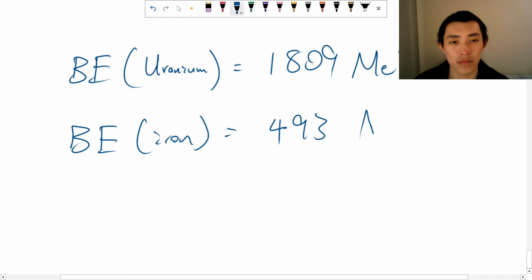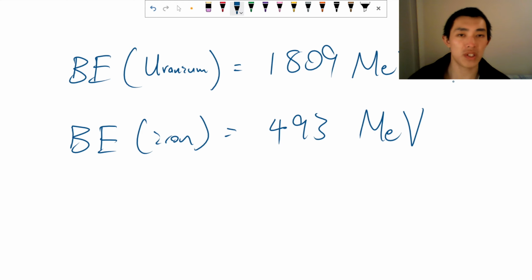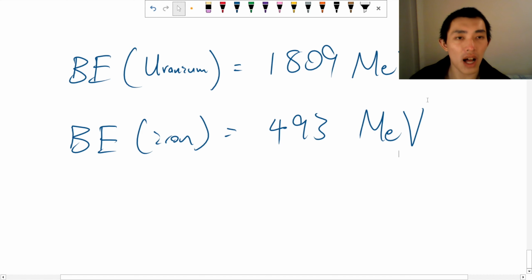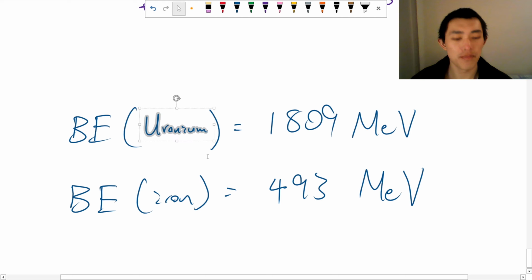So if we just look at this, you'd think definitely uranium is the more stable element because it's got the higher binding energy. Now, obviously that's wrong because we know that uranium is highly unstable. It's very radioactive.